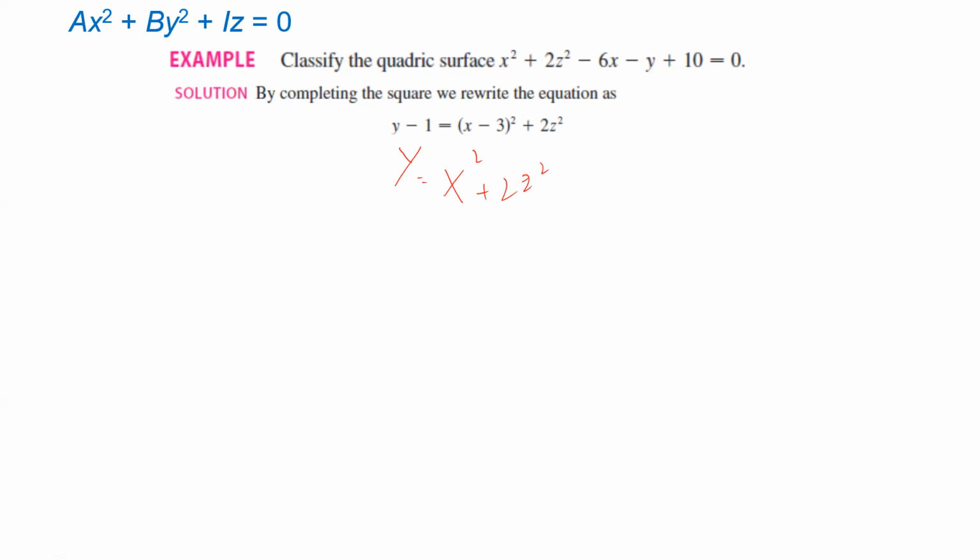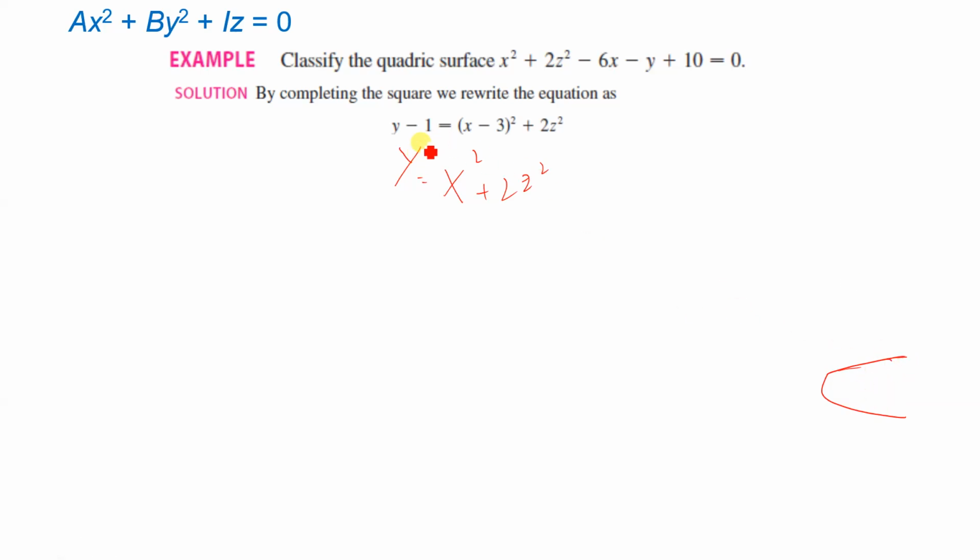And we can identify this type of surface as an elliptic paraboloid. So an elliptic paraboloid looks like this, or looks like this. Since the linear term is y, it will look like this, right?